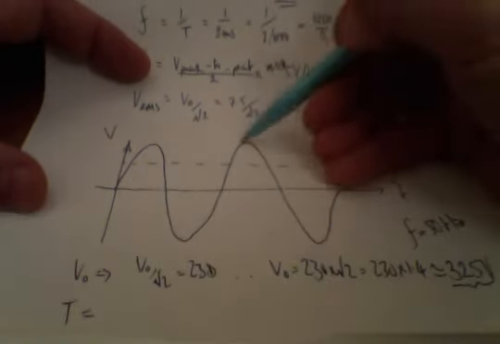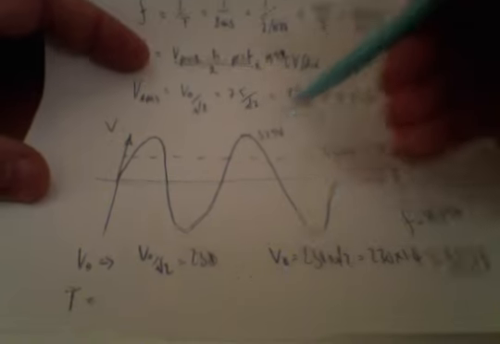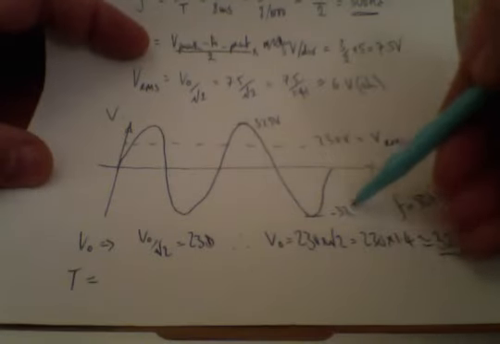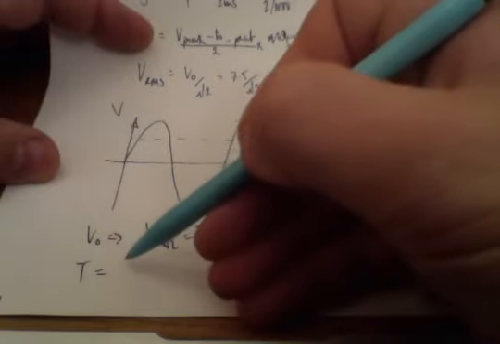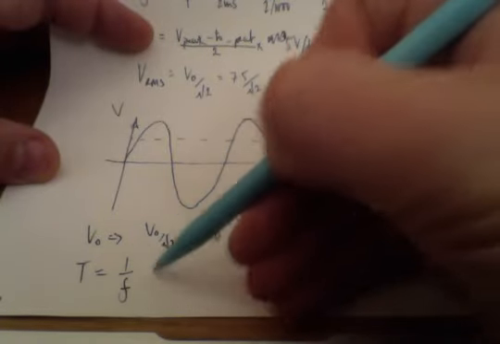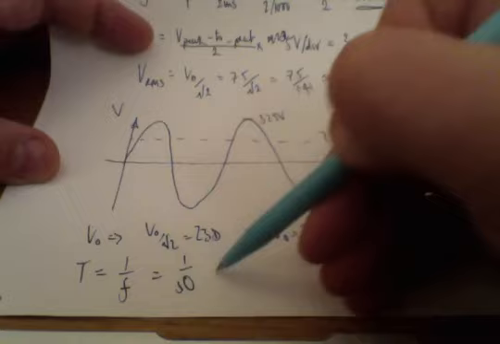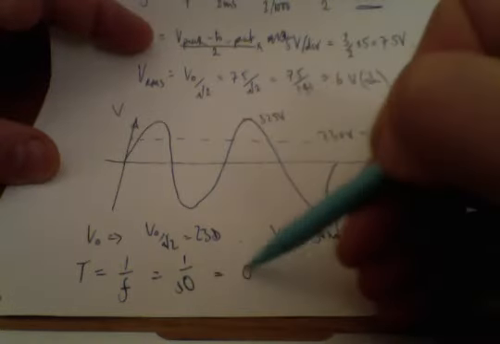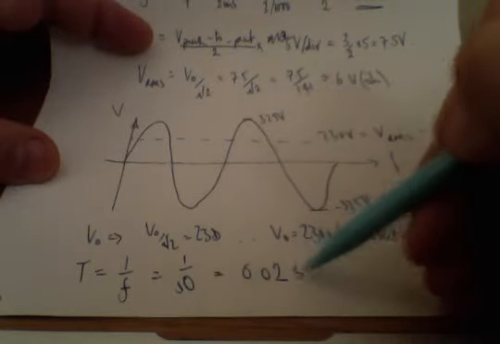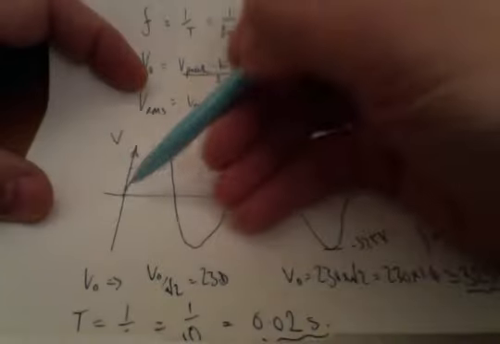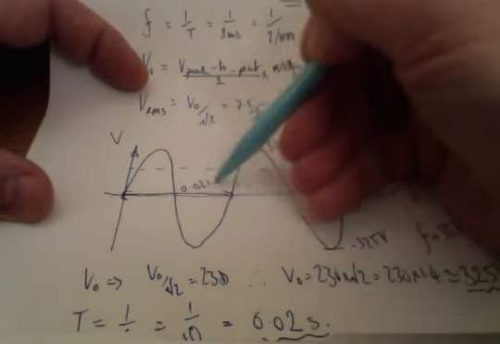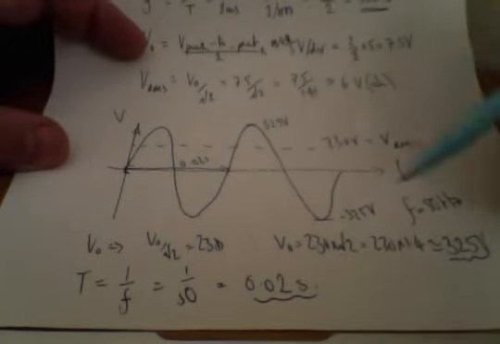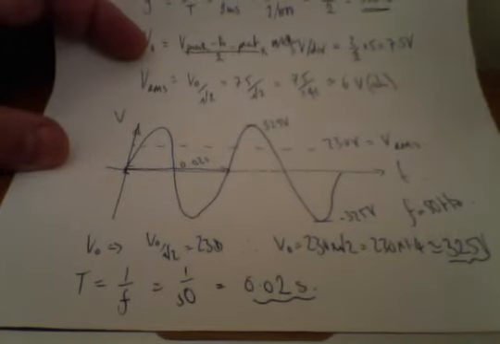So actually we're running at 325 volts to minus 325 volts. And if the time period is 1 over the frequency, then 1 over 50 gives me 0.02 seconds. So I know that this value here is 0.02 seconds. So that's mains electricity and how it's coming through. Right, hope that makes sense.